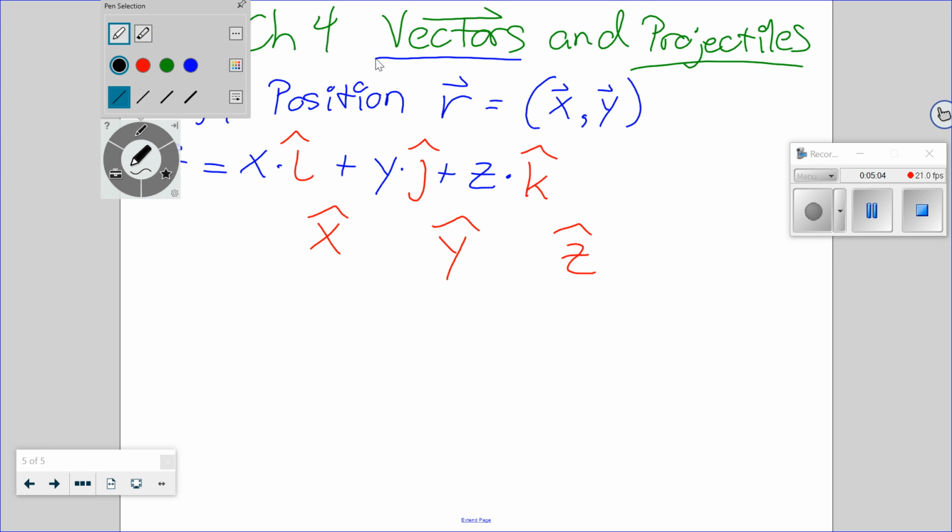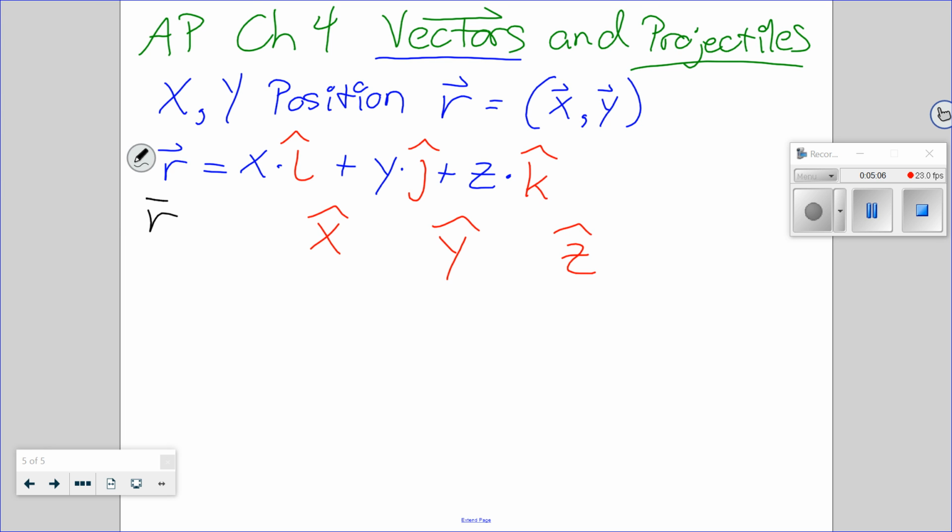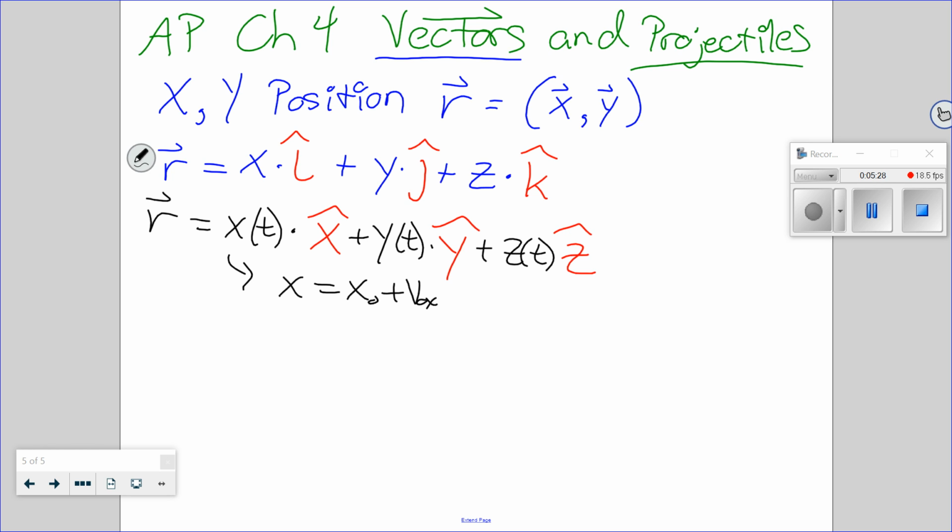Okay, you can have r vector equals, so this would be x position and it's a function of time, plus the y position and it's a function of time, might be a constant, plus the z position and it's a function of time. Where any x is just given by equation 2. x equals x0 plus v0, we'll call it x, times t, plus 1 half a_x t squared.